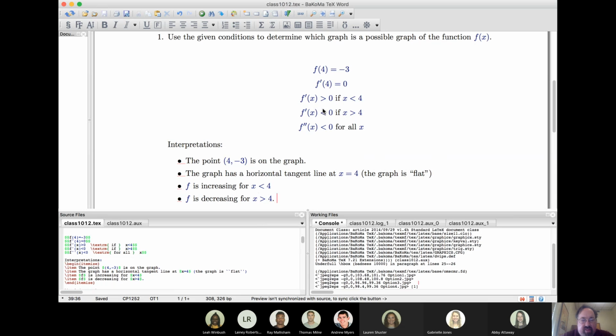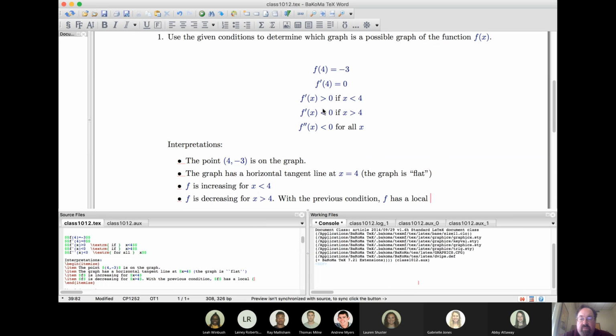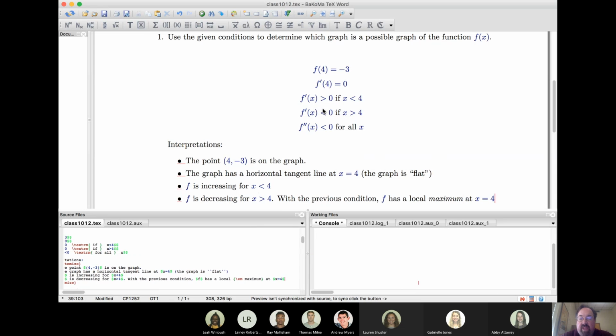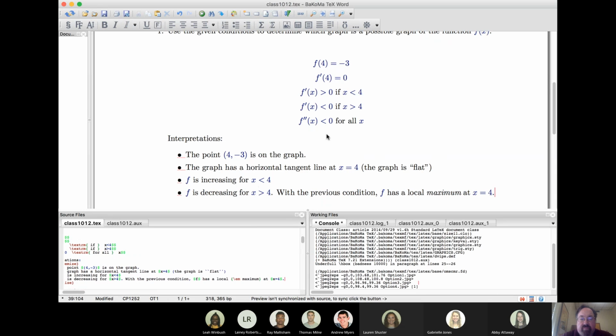All right, so we have a previous condition. These 2 conditions together say f has a local maximum at x equal 4. So that's one thing to look for in a graph.